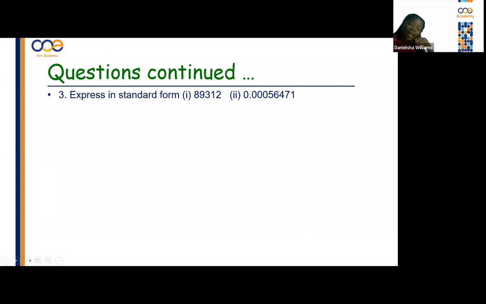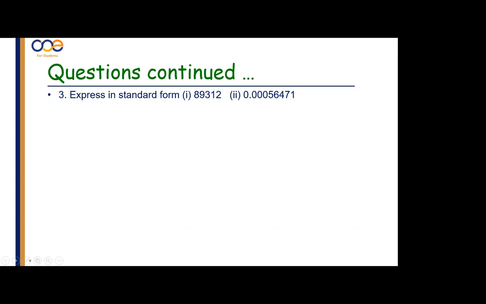Okay, Sonny boy, I see your hand. This is the first one. What number is that? 89,312 times 10 to the 0th power. Look at it again. Remember, we want to write it in standard form. Check it again, standard form.